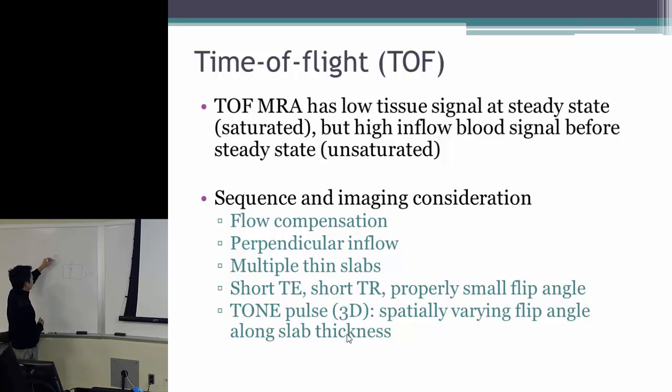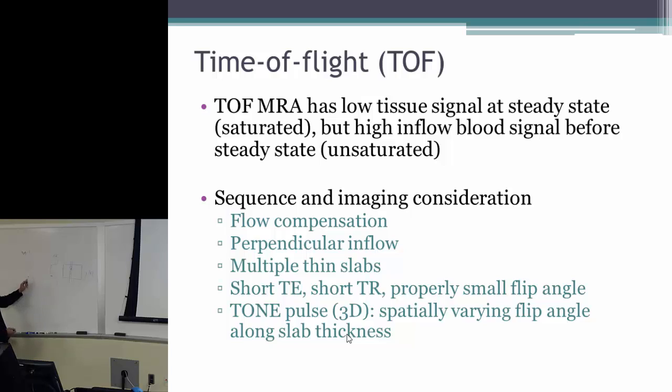That means when the blood flows in here, it will see the same flip angle as it goes in. But for the TONE pulse, it will have a spatially varying flip angle. It will be something like this.